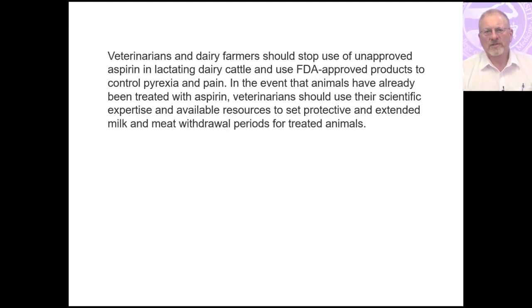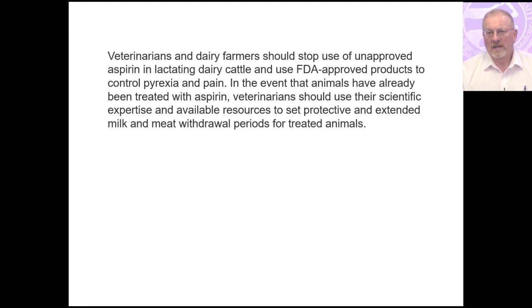So they said you should stop the use of unapproved aspirin in lactating dairy cattle and use FDA-approved products to control pyrexia and pain. Of course, this was associated with the influenza that was going through the cattle. And if they've already been treated, you were supposed to get your extended withdrawal time in order and apply that to the dairy cattle themselves and the milk.